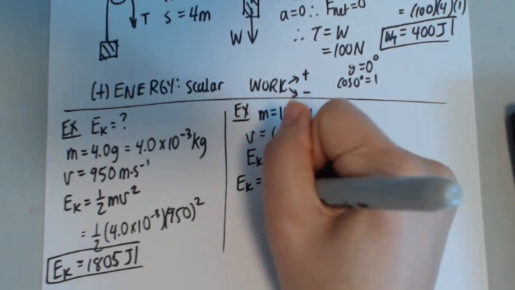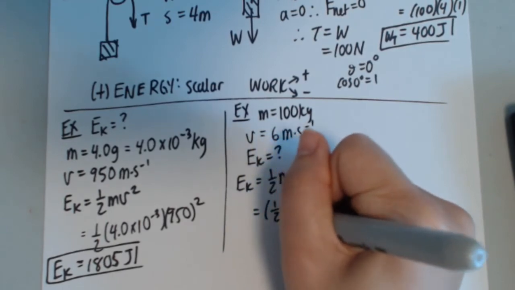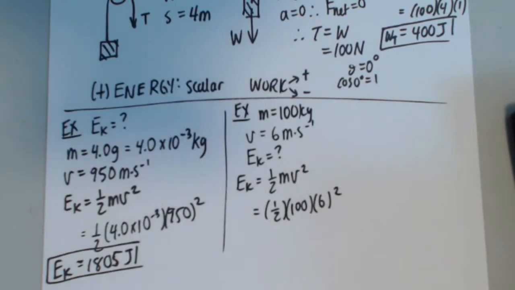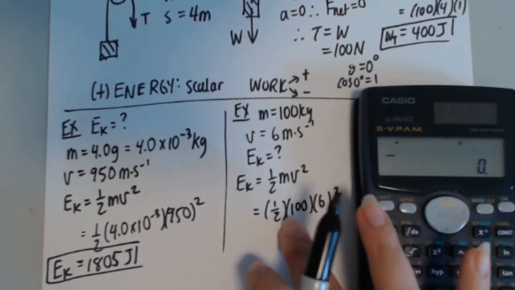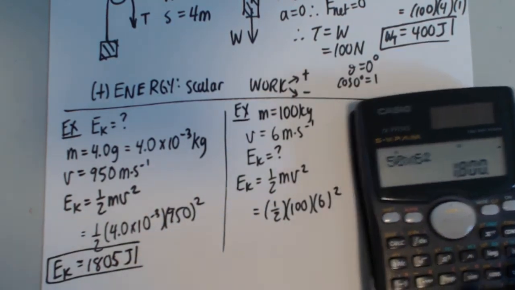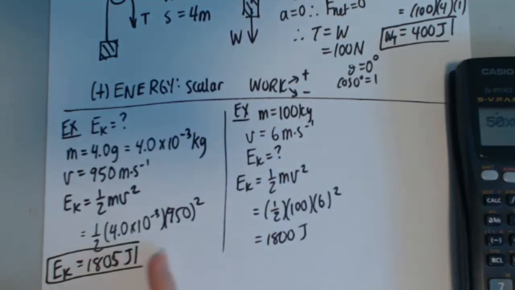So kinetic energy is 1/2 mv squared, which is 1/2 times 100 times 6 squared. So grab your calculator. Half of 100 is 50, so 50 times 6 squared is 1800. And keep in mind, this is rounding for sig figs. So in fact, these two numbers really are the same.